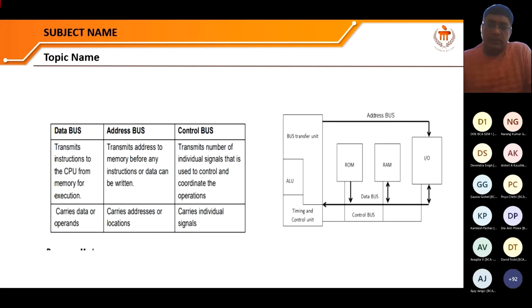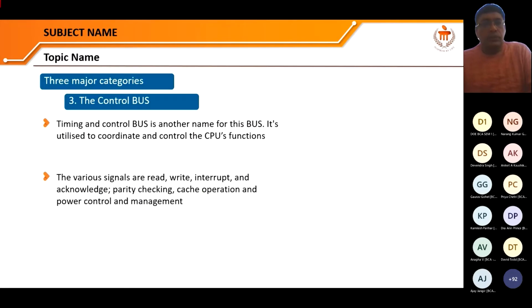The various signals are read, write, interrupt, acknowledge, parity checking, cache operation, and power control management; all of these are done by the control buses. It is also part of how to write, how to read, and how an interrupt is called during working, because the CPU is a central processing unit.